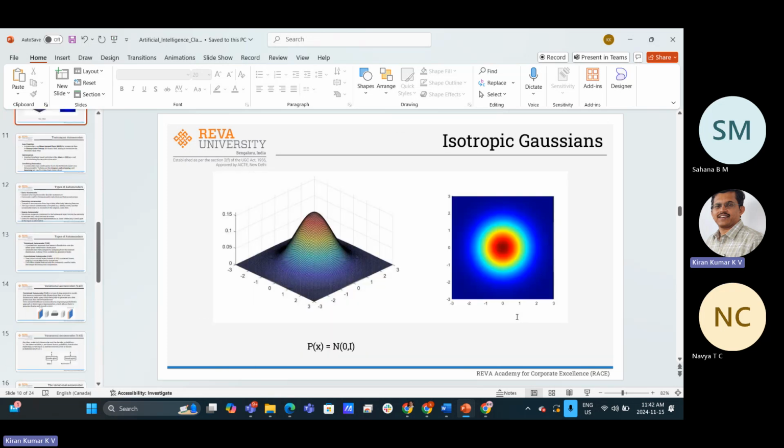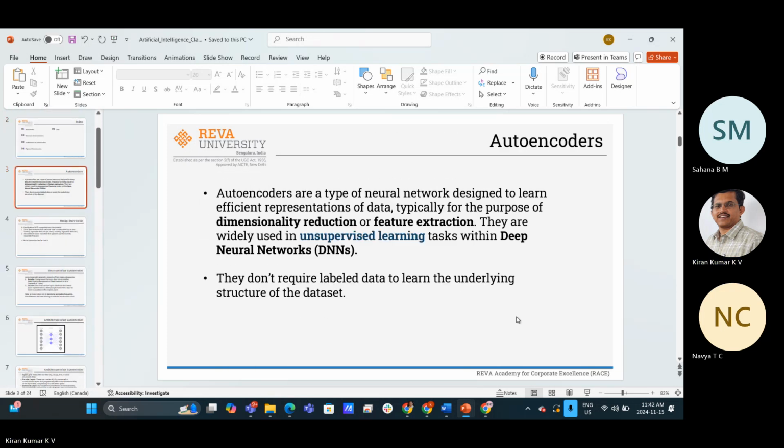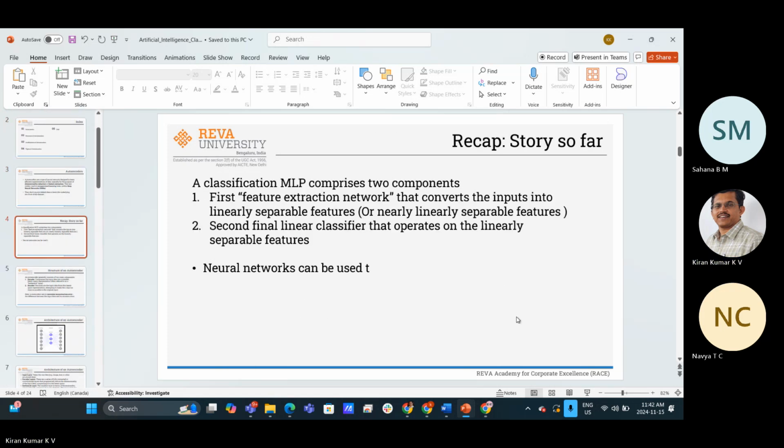So let's get back. In principal component analysis, PCA, what was it doing? There also we are doing data reduction, feature reduction.